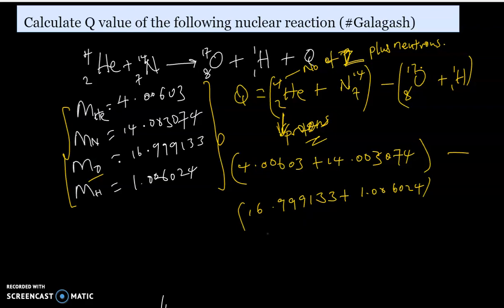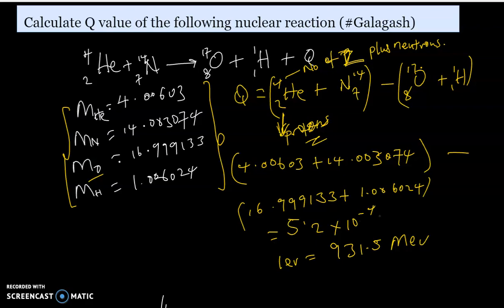You will simply get 5.2 times 10 raised to the power negative 4. But we know that 1 atomic mass unit is equal to 931.5 MeV, that is mega electron volt.